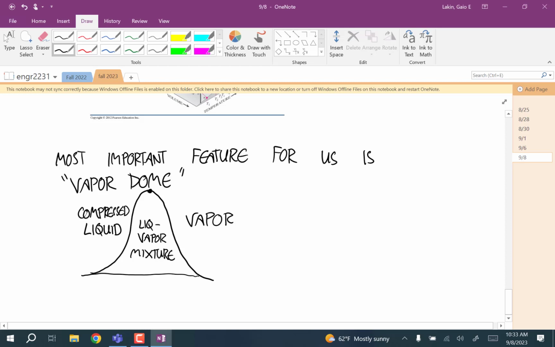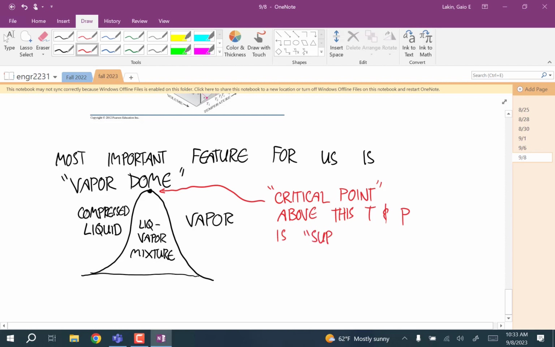I'm thinking of a projection on a pressure and temperature graph. When you get to this temperature and pressure, that's called the critical point. Above this temperature and pressure is what's called a supercritical fluid.